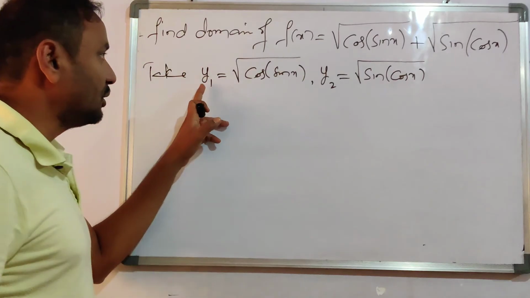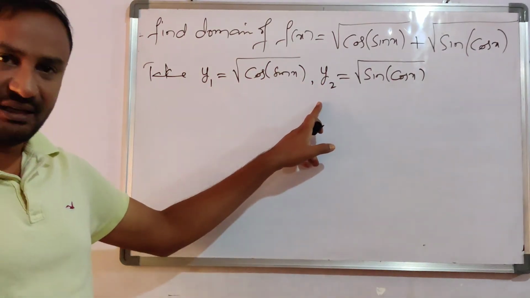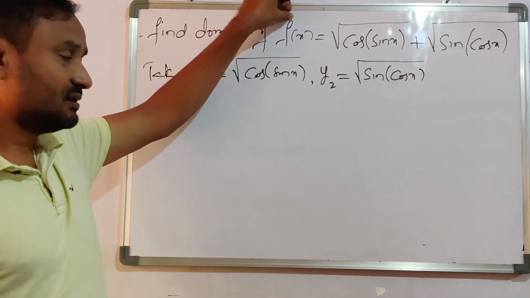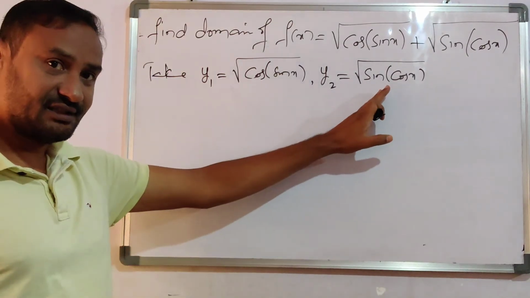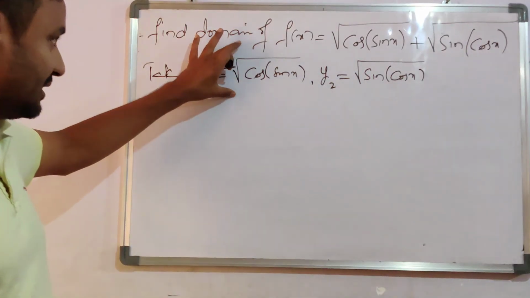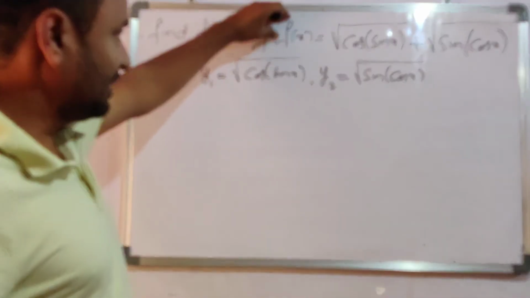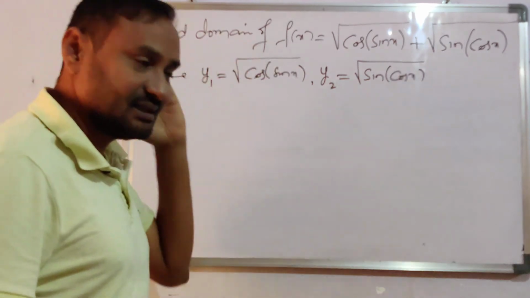Find out the domain of y1, y2 separately, and the domain of f of x means the intersection of these two domains. That's why find out the domain of y1, that is d1, and the domain of y2, d2. Domain of f of x means d1 intersection d2.